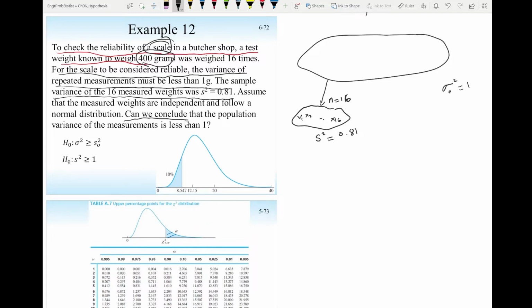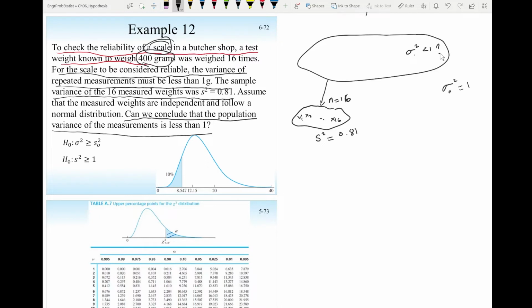Can we conclude that the population variance of the measurement is less than 1? So can we conclude that the variance here of the population is less than 1? That's what we want to verify. If it came less than 1, that means the scale is reliable and we can use it. If it came more than 1, then that means the scale needs calibration.